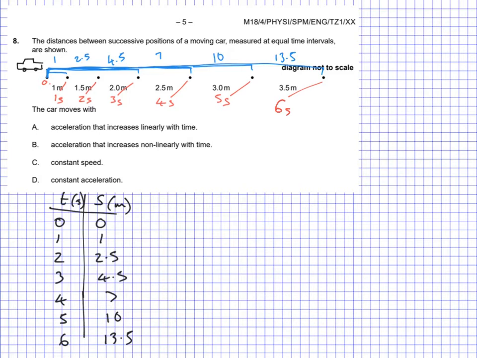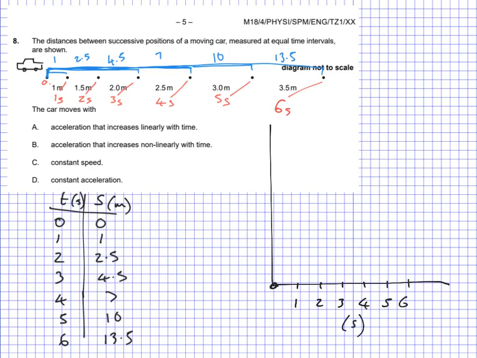Nothing fancy. We're going to have our x and our y. Actually, let's make it a bit bigger. Let's go like this. And we're going to have 0, and then 1 second, 2 seconds, 3 seconds, 4 seconds, 5 seconds, 6 seconds. Let's put this in. 1, 2, 3, 4, 5, 6.